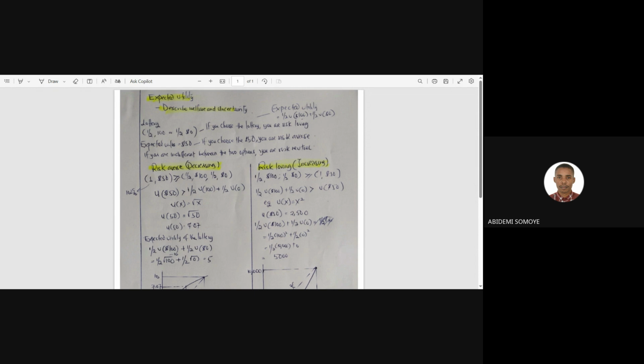And if you are in between, either playing the lottery or not playing the lottery, then you are a risk neutral person. Are these three assertions clear, guys? Yes.